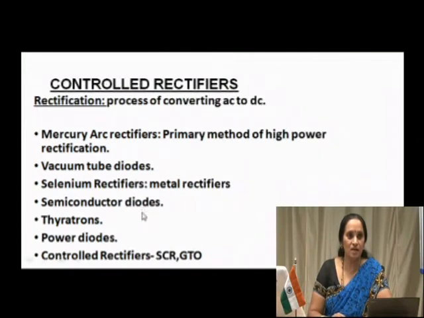Then came the semiconductor diodes, which you have already learnt about, then the thyratrons, which were used in the rectification process. After that came power diodes, and the most widely used nowadays are the controlled rectifiers, the thyristor family of SCRs, which are widely used in the process of controlled rectification.